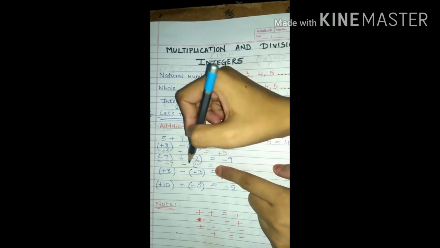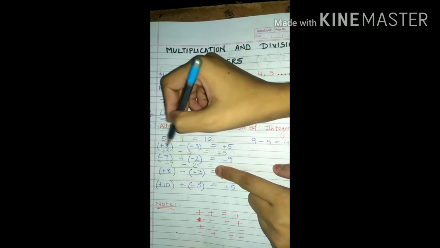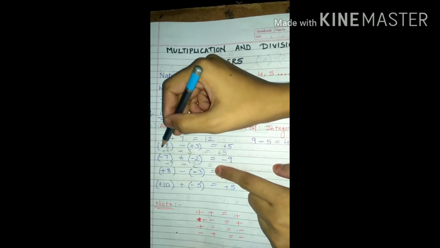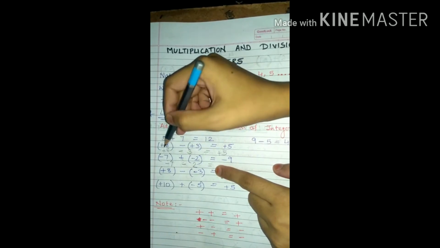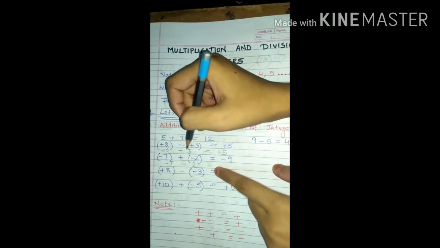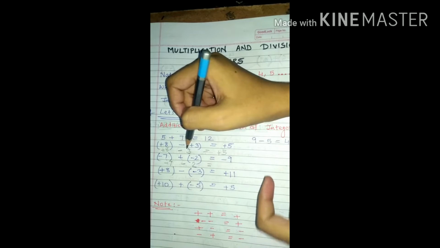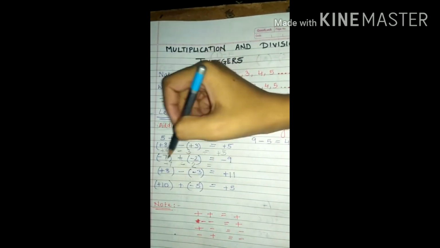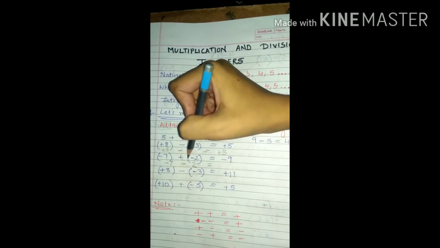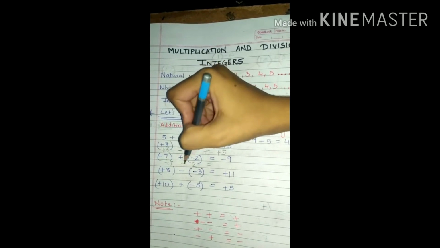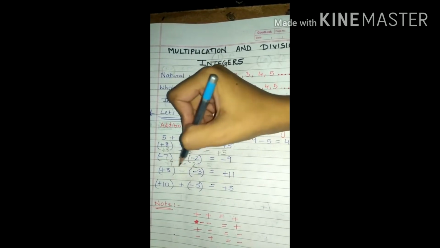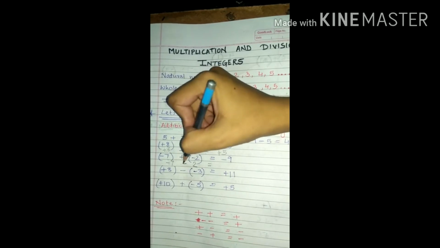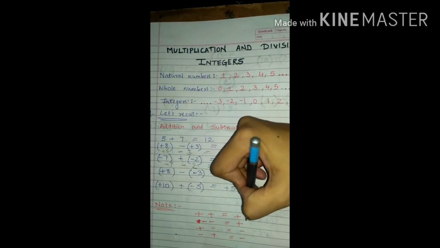The operation depends on the signs. These signs we have to multiply. The final operation to be performed depends on multiplication of the signs. Plus into minus, I got minus here. Then minus into minus is plus.